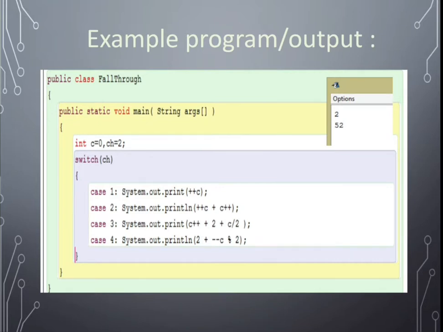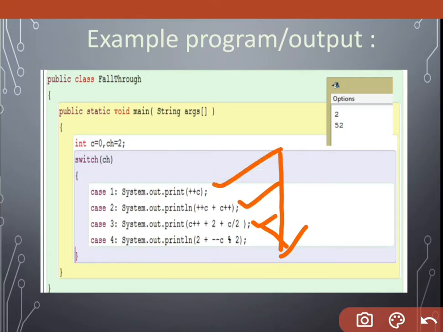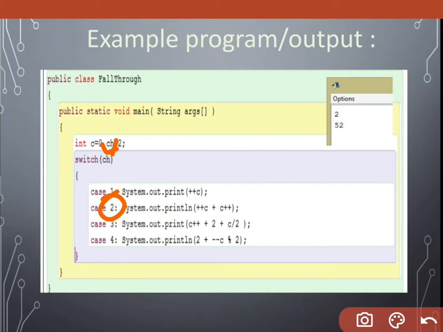If I'm not writing break with the cases, what happens then? It will run normally, and each and every statement will be run one by one. Case 1 will be executed, 2, 3, 4. But the cases are executed only when the choice matches with the case.